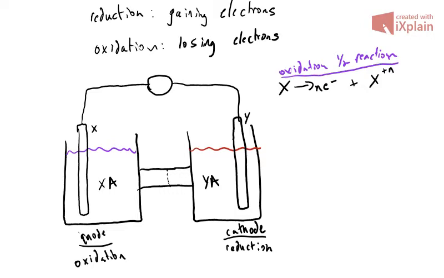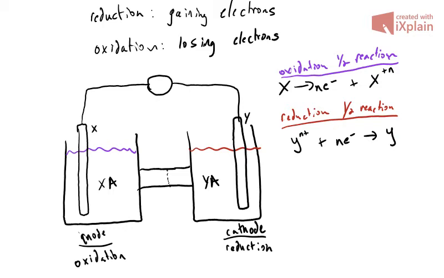Now we've got the reduction half reaction, and that would be Y^n+ plus a certain number of electrons gives Y. The n might not necessarily be the same for both of these metals, but that's a topic for another time.